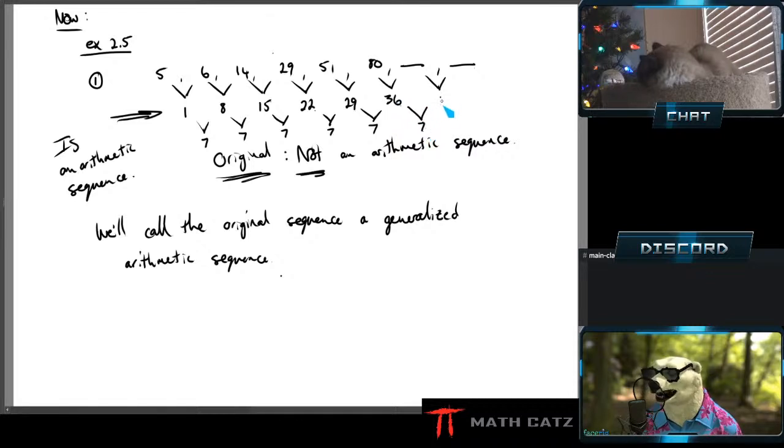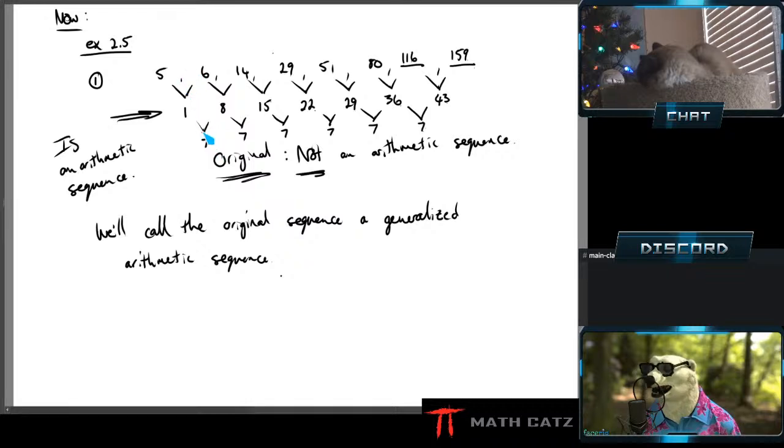And 36 plus 7 is going to give me this one, so I know that is 43. And then I can go up to the original sequence and say, well, from 80, I need to add 36. So that's 116. From 116, I now know that I have to add 43. So that's 159.